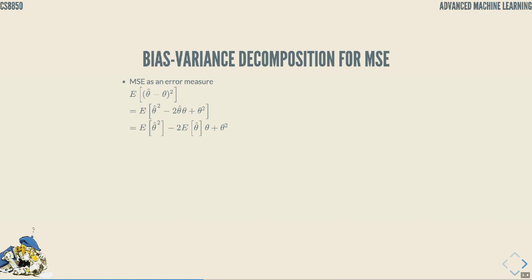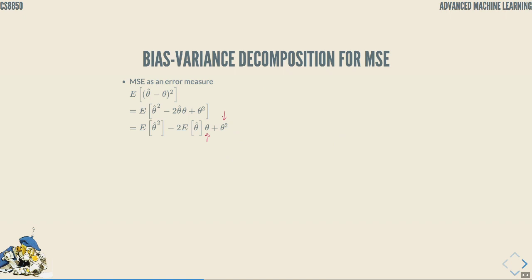The expectation, as a linear operator, went inside. Since the true parameter is a constant, not a random variable, the expectation of this with respect to data is the same, so there is no expectation here, but the expectation of our estimate with respect to data, we still need to compute it, right?